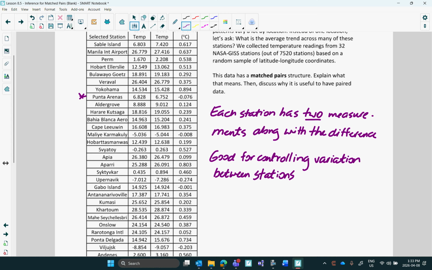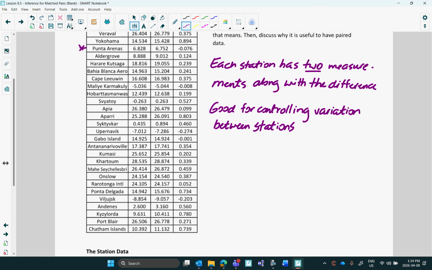But if you look at the rest of the values, 1, 2, 3, looks like 3 more, sorry, 4 more are negatives, which means the rest would be positive. So 5 negative, 27 positive. That's starting to get us to think, well, there's a lot more that had positive.